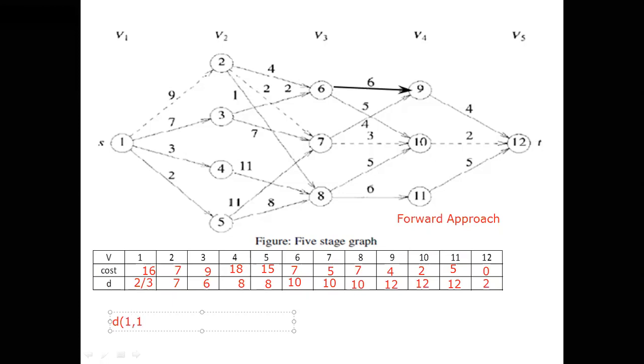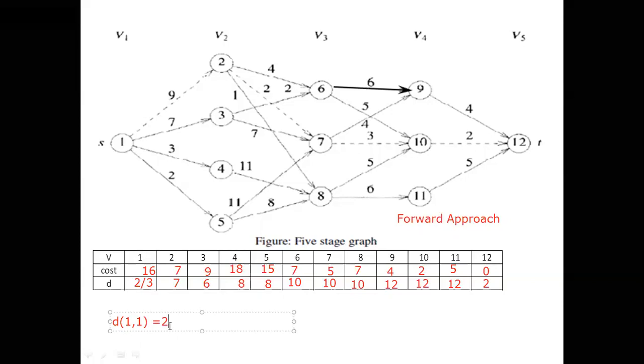Why 1 comma 1? It means first stage, first vertex: if I am there, where should I go? We are not worrying about showing the stage earlier, but we have to show that stage here. Where can it go? It can go to 2 or 3. First I will consider 2. That is why it is equal to 2.